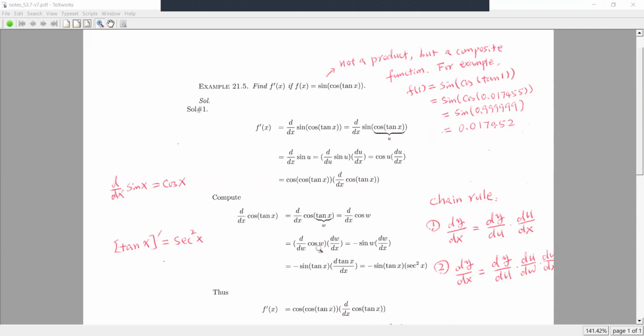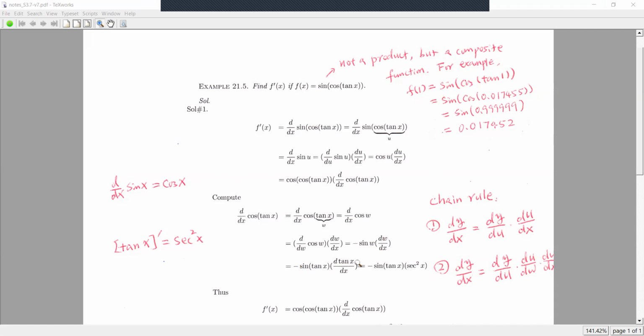Derivative of cosine of w with respect to w is negative sine of w. Now, w is tangent of x. Plug in tangent of x in w here. Then I have this equation.